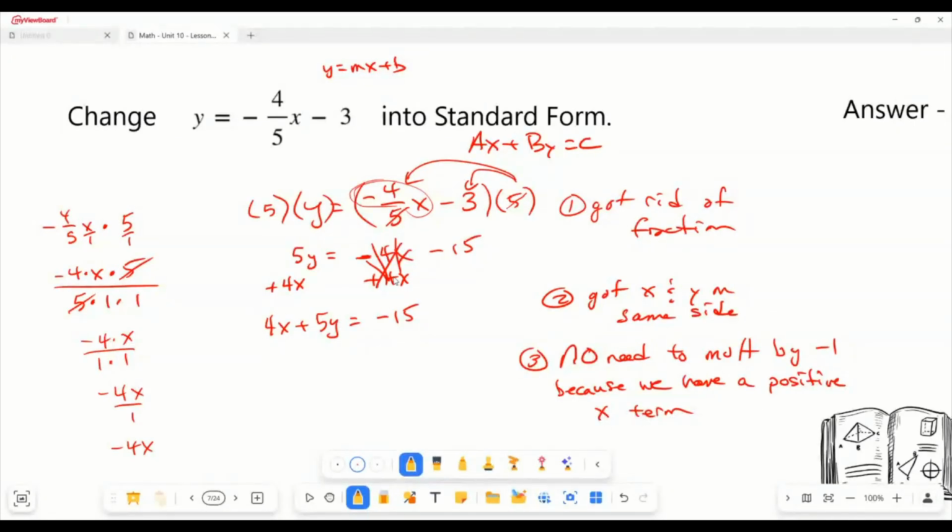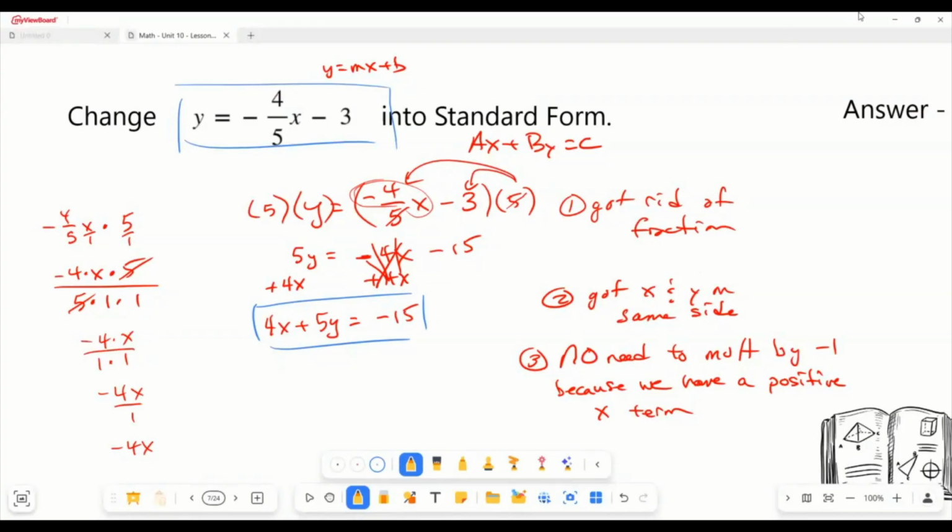So there's no need to multiply by negative 1 because we already have our positive 4x. So there's our answer. We went from this to this. These two are the exact same thing. One is written in slope-intercept. The other is written in standard form.